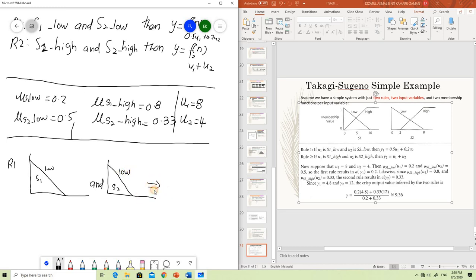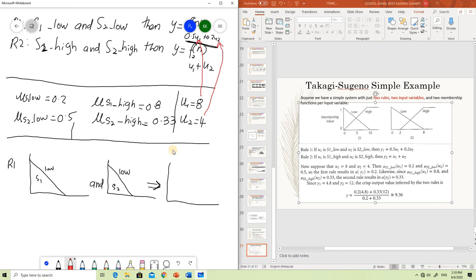Then, okay, what about the spike? How are we going to draw the spike here? It is based on your mathematical function here. So we know that the mathematical function will be substituted with the value of your input variables, right? So for the first output y1, you are going to substitute 8 into u1, 4 into u2.